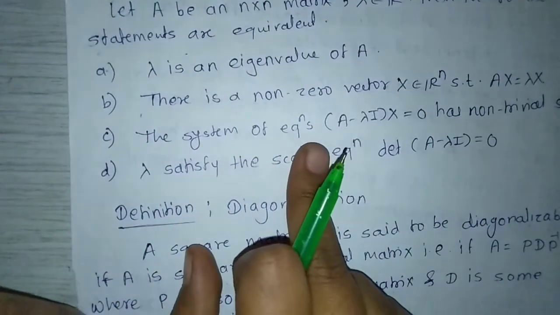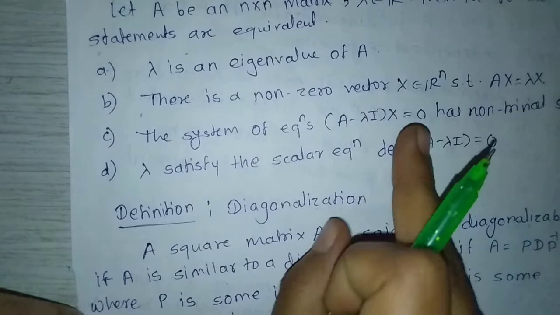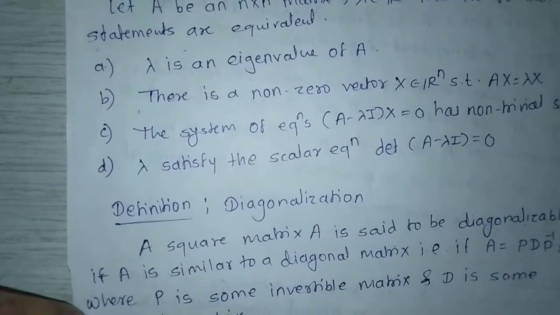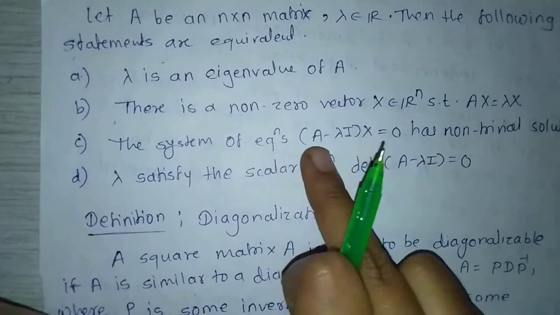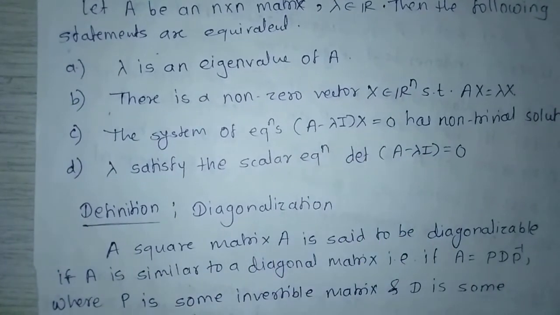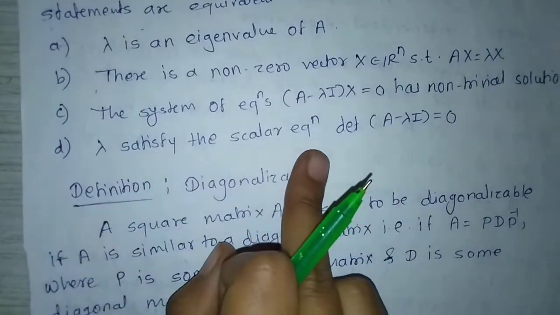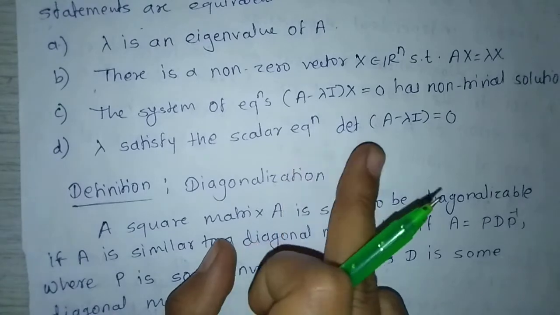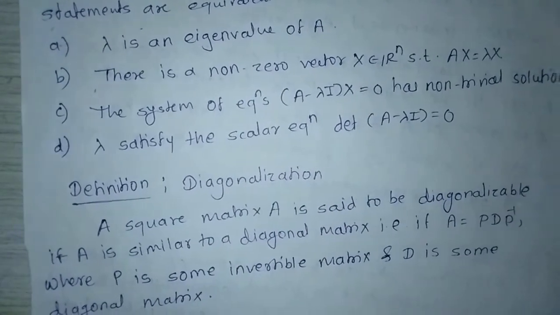Next, the system of equations A minus lambda I into x equals 0 has a non-trivial solution, because x is non-zero, that's why this equation has a non-trivial solution, meaning a non-zero solution. And lambda satisfies the scalar equation, meaning determinant of A minus lambda I equals 0.